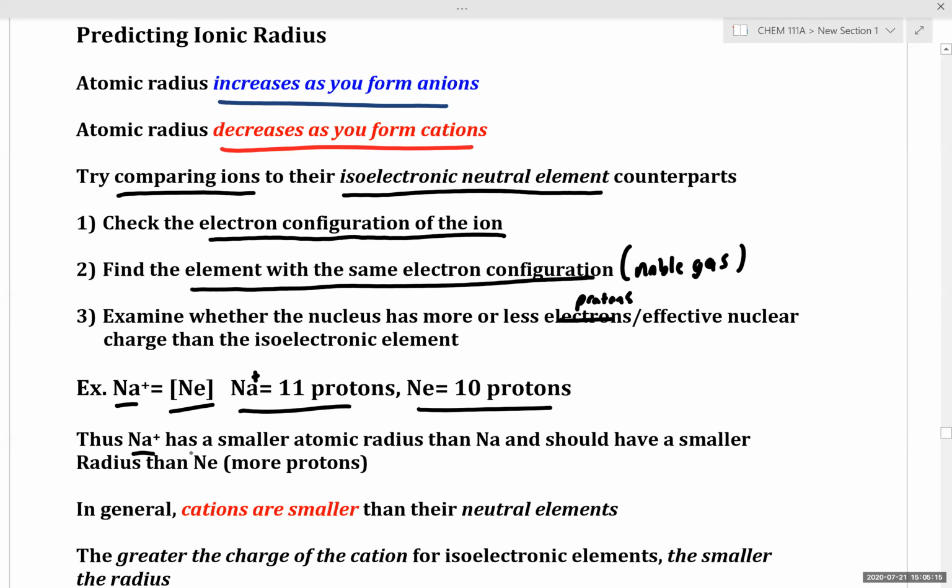So sodium plus has a smaller atomic radius than sodium, and additionally, it should have a smaller atomic radius than neon, because we have the same number of electrons as in neon, but we have a greater nuclear charge. We have more protons.